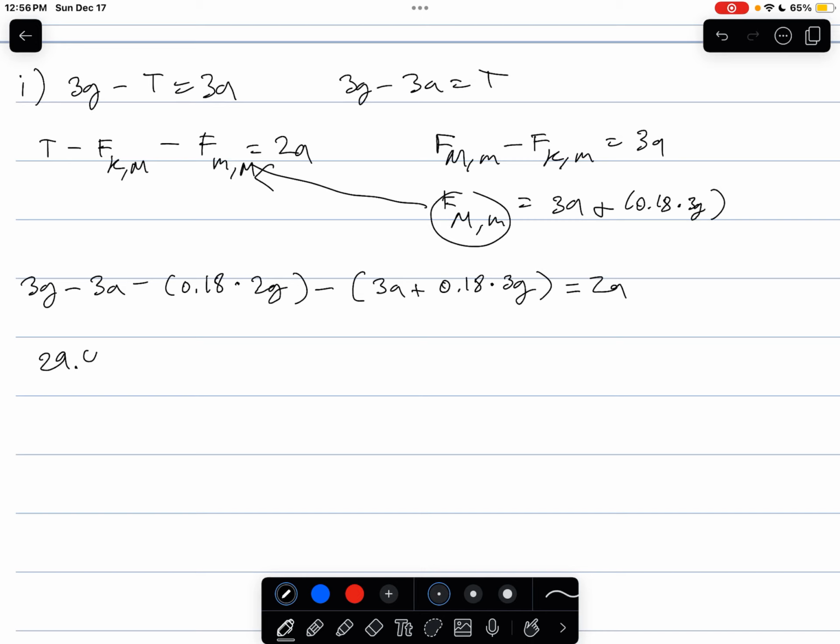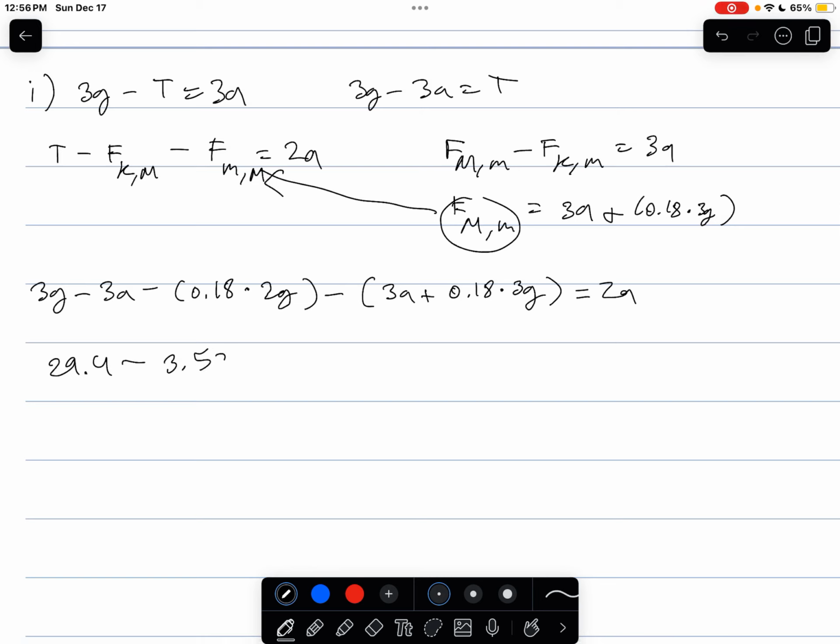Okay, 29.4 subtract 3.528 subtract. Oh wait, yeah, there's also this 3a over here, so there's 6a in total on this side. So I'm going to add 6a to the other side.